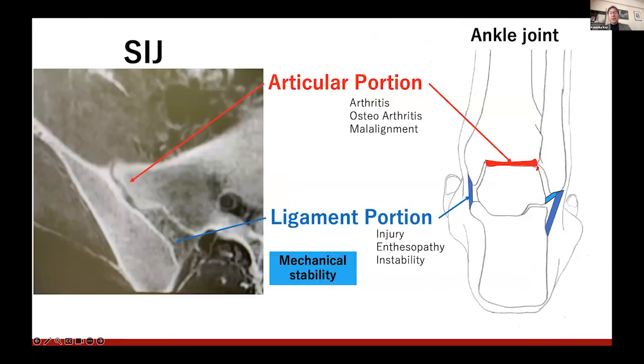Murakami et al. reported that 70% of SIJP was alleviated by injection of lidocaine into the posterior SI ligament, supporting our hypothesis. Comparing the sacroiliac joint to the ankle joint, most of the ankle joint pain also originates from the ankle joint surrounding tissues, such as ligaments.